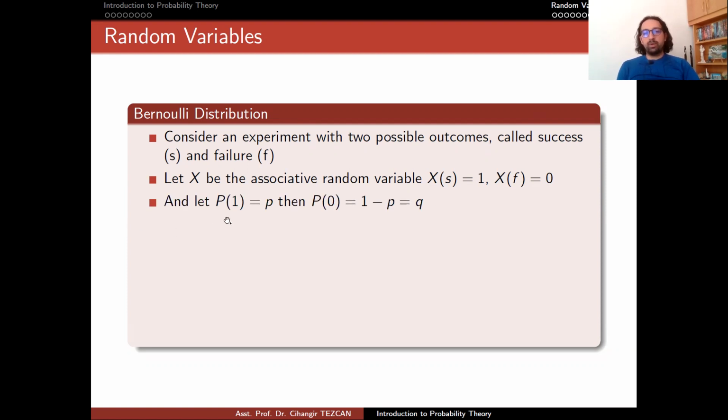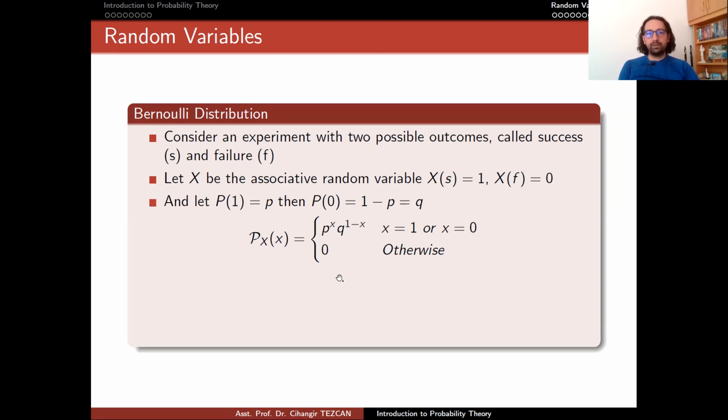So let the probability of observing 1, in other words success, be P, and the probability of the failure has to be 1 minus P, which is Q, because this event has two possible outcomes, and we already said that the summation of all probabilities should be equal to 1. So if you say the success probability is P, the failure probability Q should be 1 minus P.